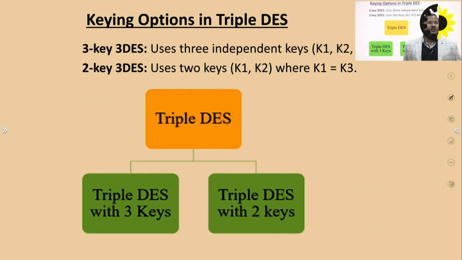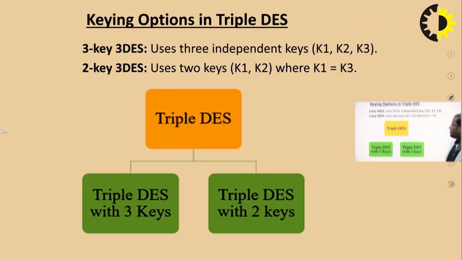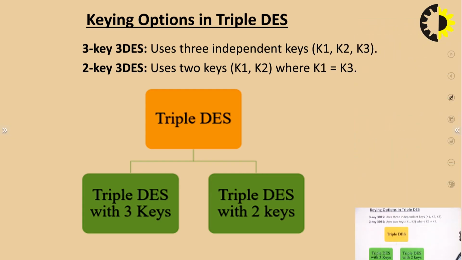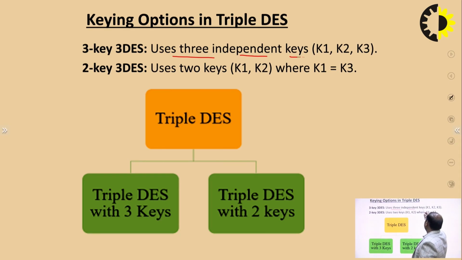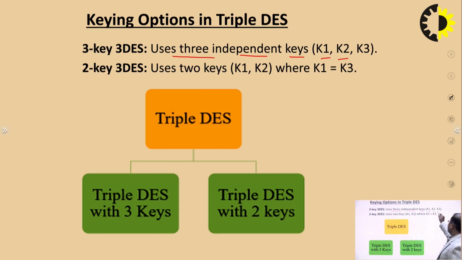Key options in triple DES, I already told: 3-key 3DES and 2-key 3DES. So 3-key 3DES uses 3 independent keys, that is K1, K2 and K3, but 2-key 3DES uses only 2 keys, that is K1 and K2, where K1 is equal to K3. So 2 keys will be similar.